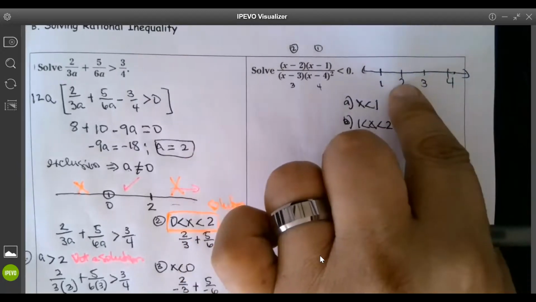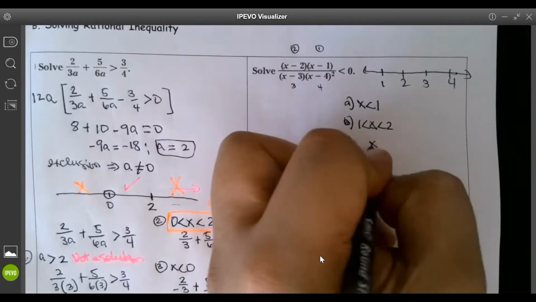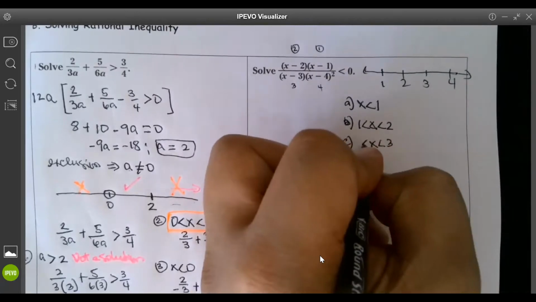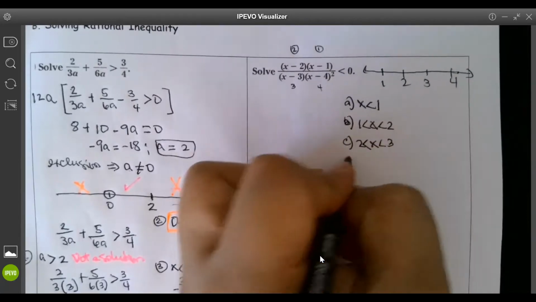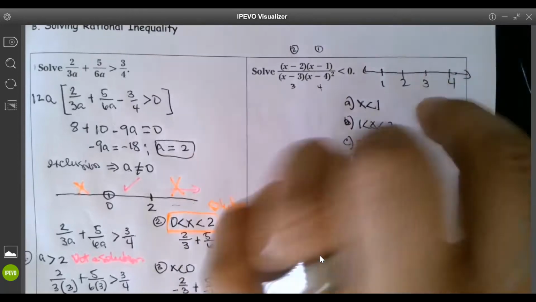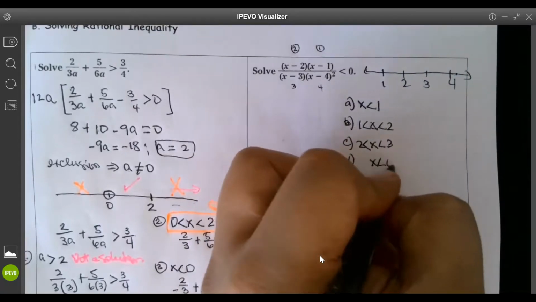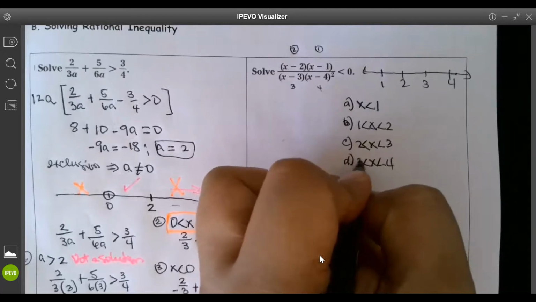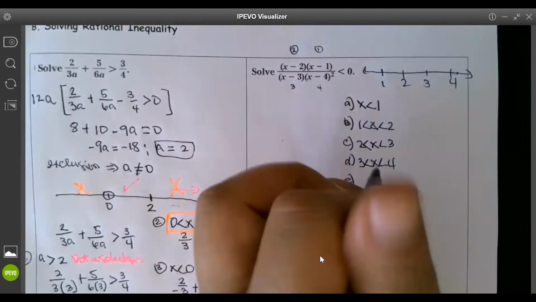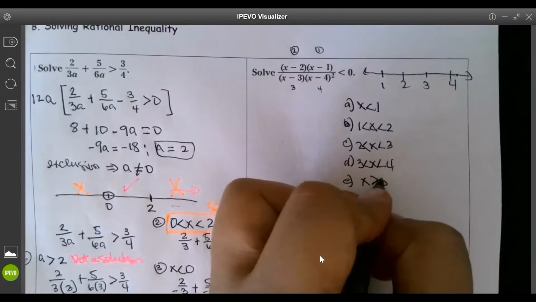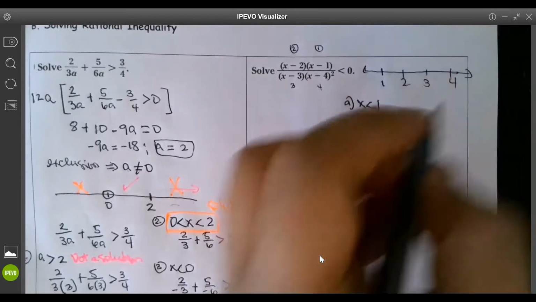C is in between 2 and 3: x less than 3, greater than 2. D is x less than 4, greater than 3. And the last one is x greater than 4.